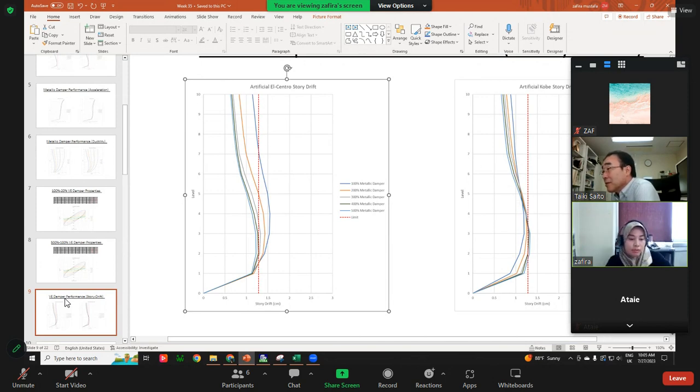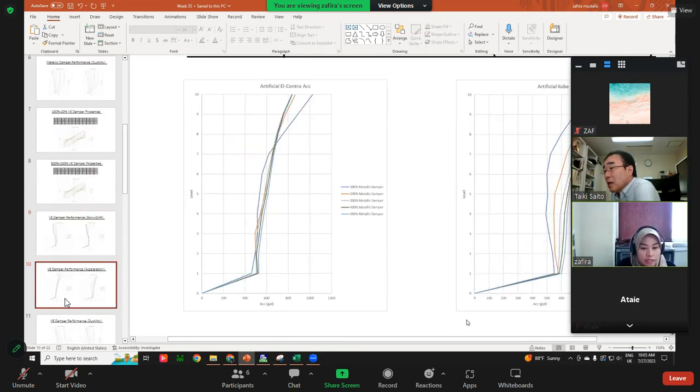For El Centro, it is the other way around. And this is the acceleration at the top floor, more than 800.